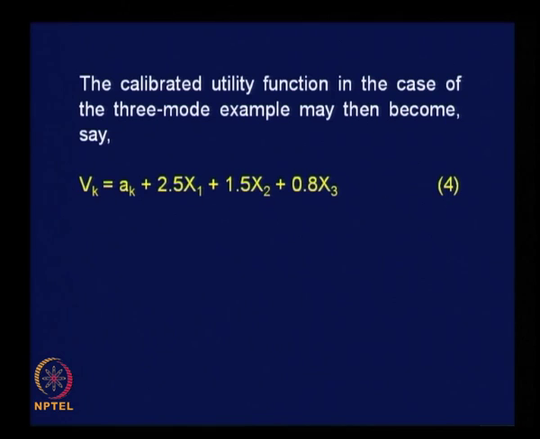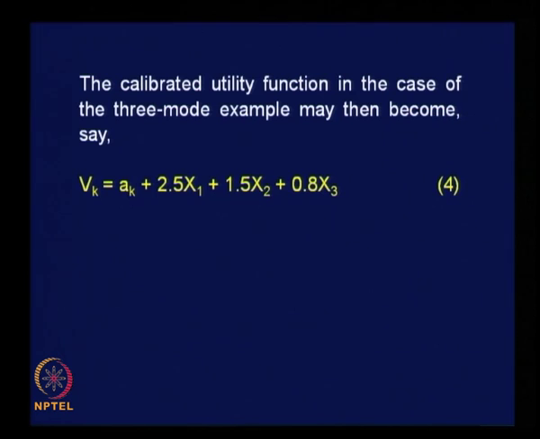These numbers are based on some calibration. Let us not worry about these numbers. General formulation is important. We do not give specific number for the constant term. It will attain or take a corresponding value based on the mode you consider to develop the utility function, right.